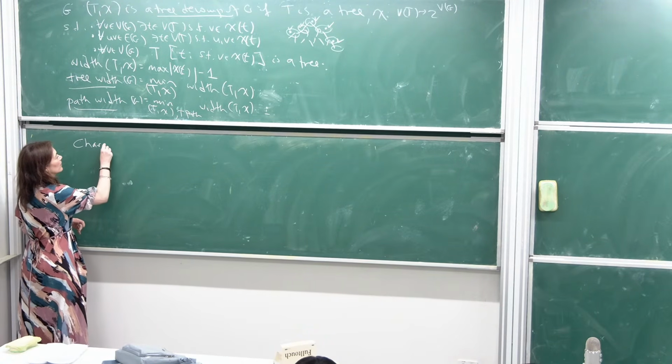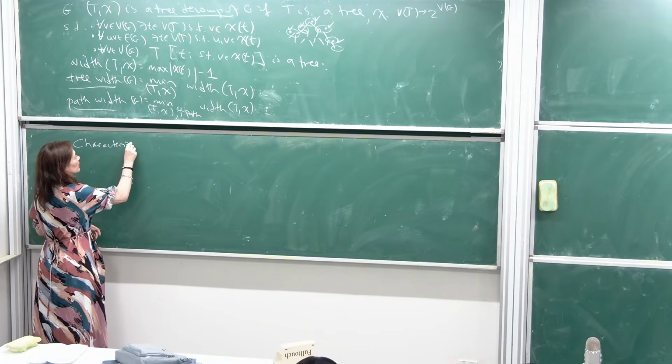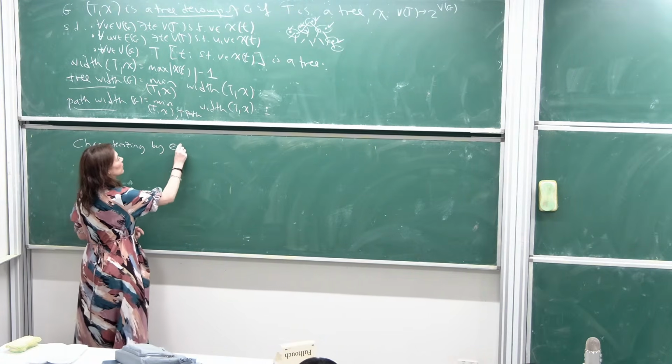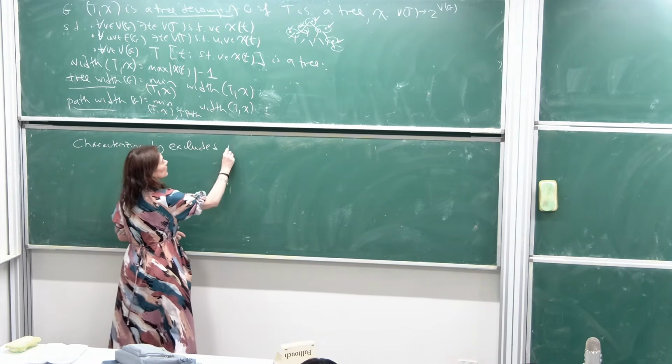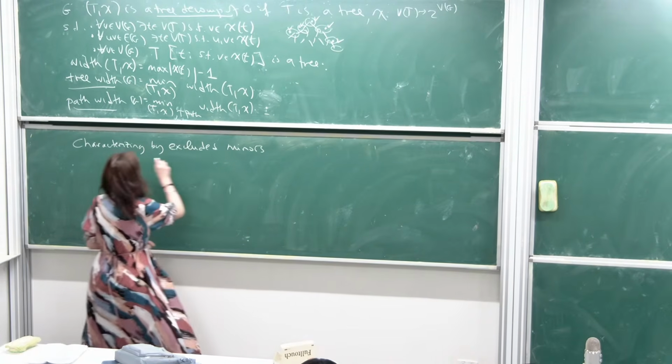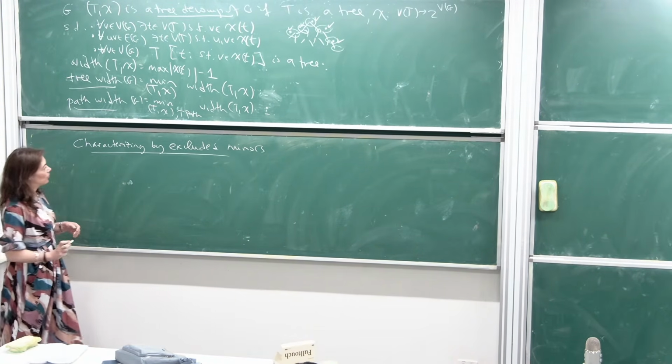So, characterizing by excluded minors. And there are two, so that's known.